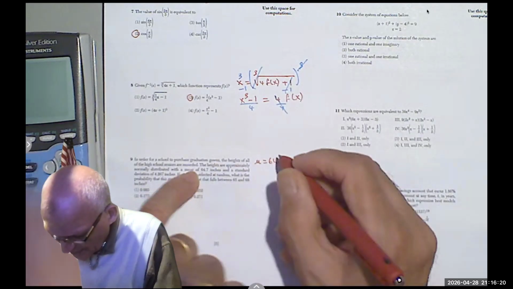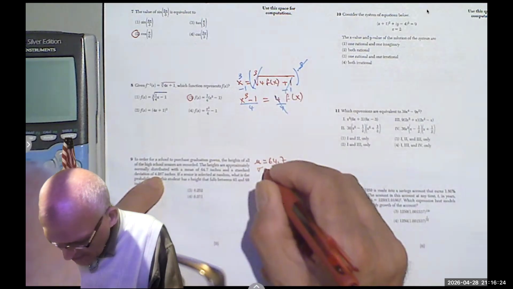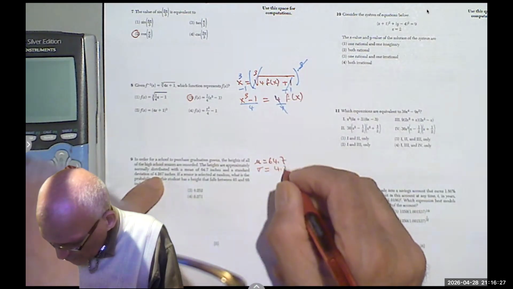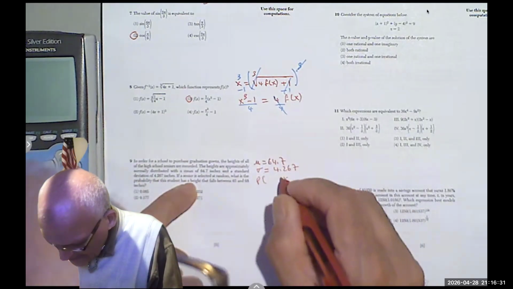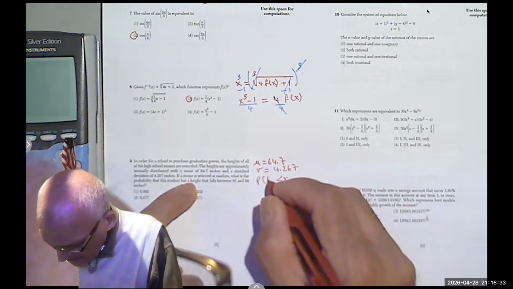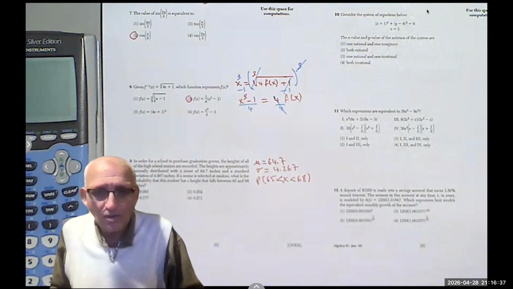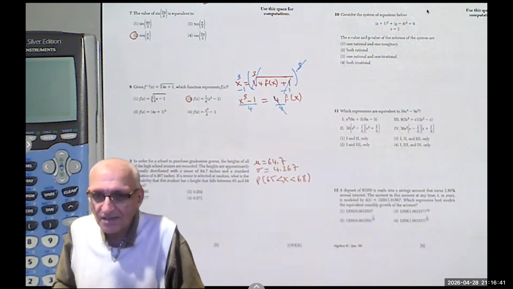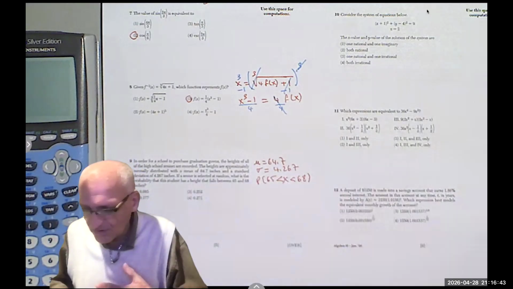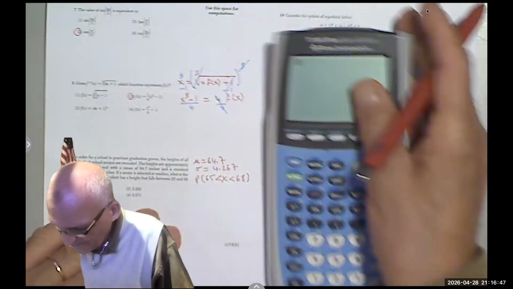In fact, it's x bar, but if it's approximate, we say that sigma or S is 4.267. They want the probability that X is between 65 and 68. Some people say, no, it's greater than or equal. It doesn't matter. For a continuous distribution, the equality doesn't matter. Whether you say greater than or equal, or greater than, less than or equal, or less than, it doesn't matter.